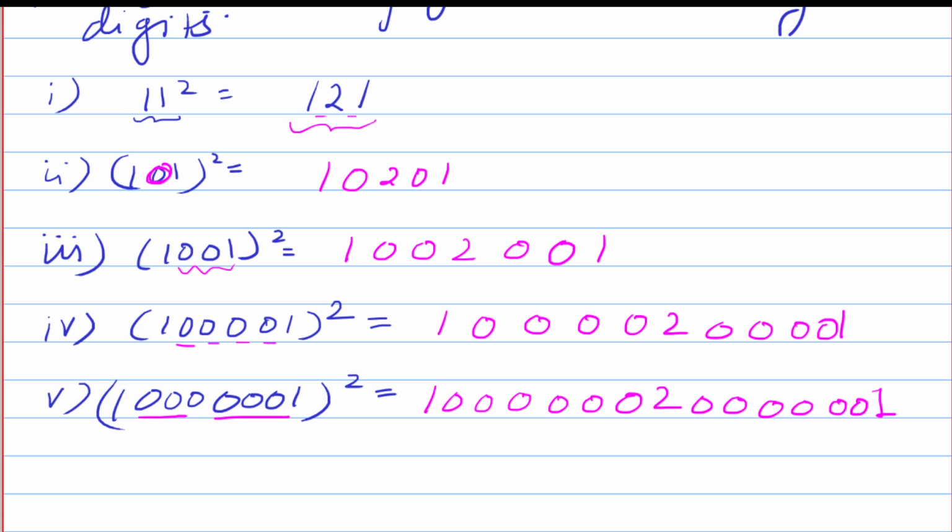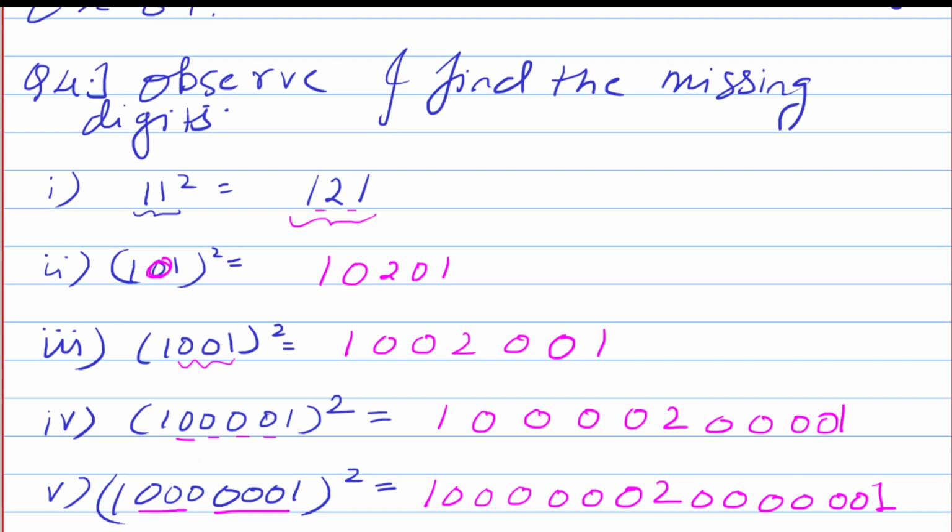You will notice an interesting pattern over here in all these solutions. The number 121, for example, starts with 1 and ends with 1. No matter which direction you are reading it in, you are getting the same number. If you read it from here to here, it is 121.